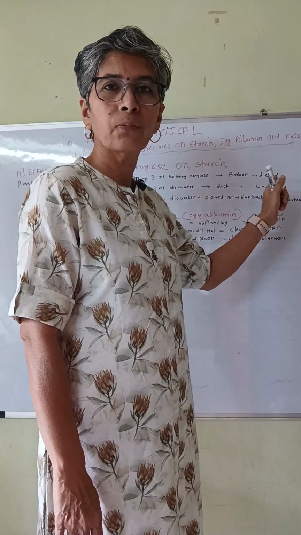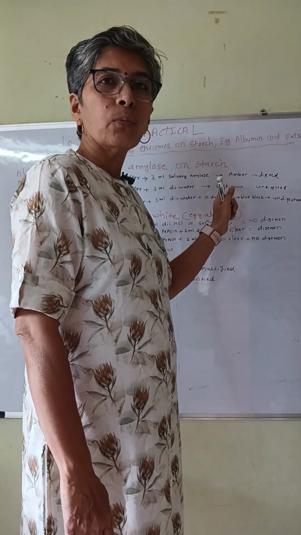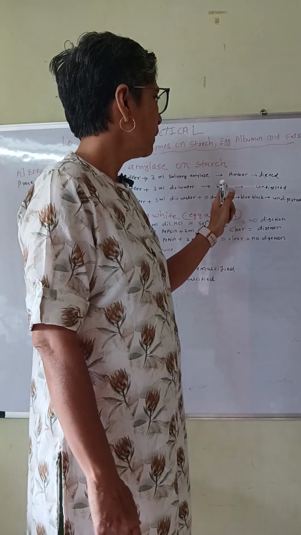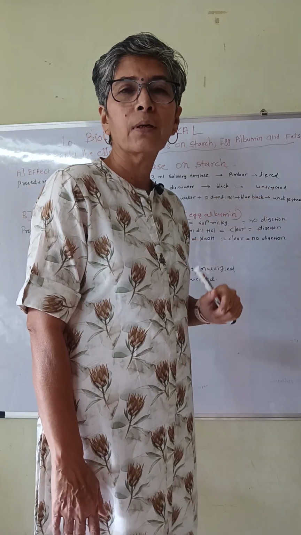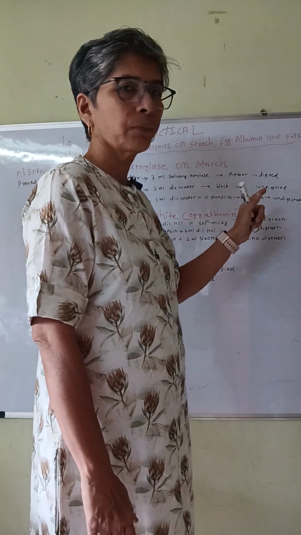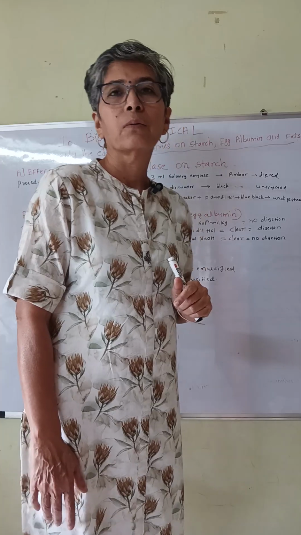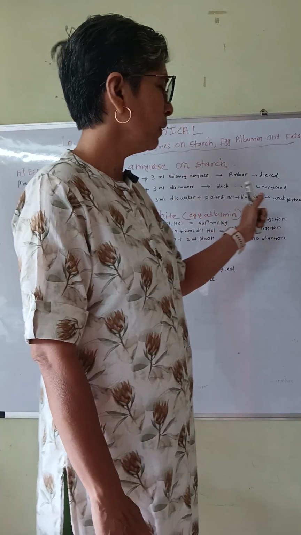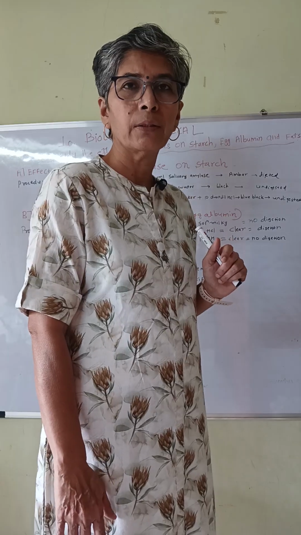Here the test is for starch. In test tube number 2, we see black color, so starch is undigested. In test tube number 3, the color is blue black, so the starch remains undigested.